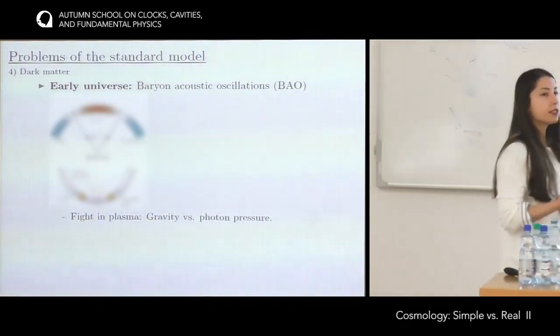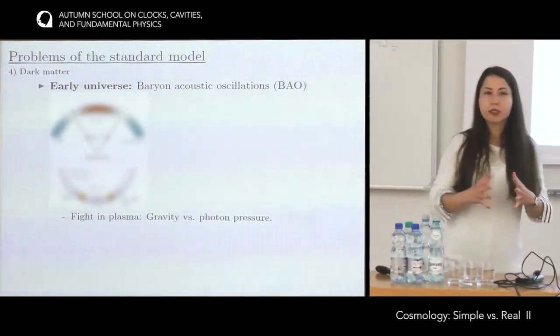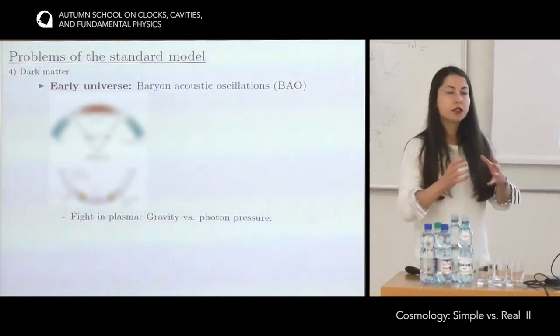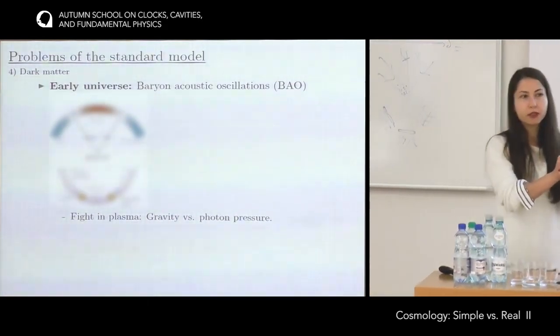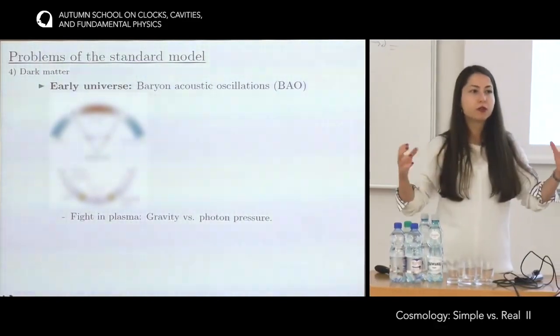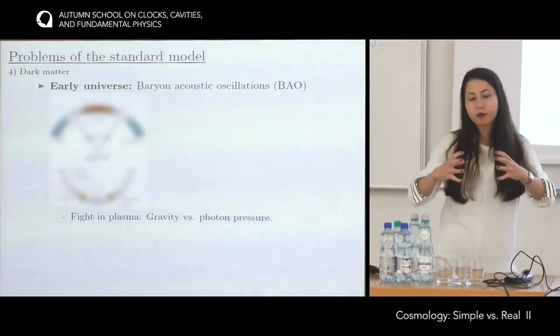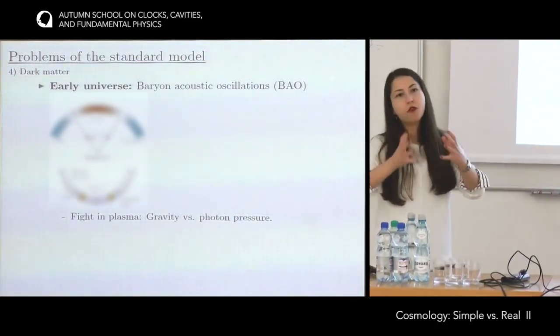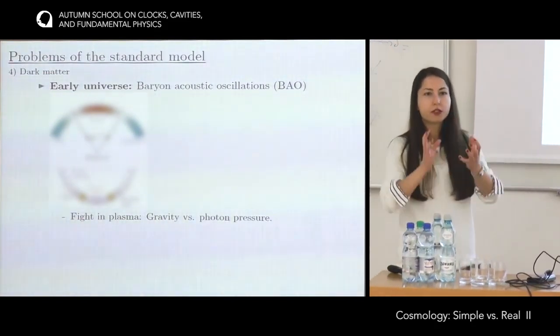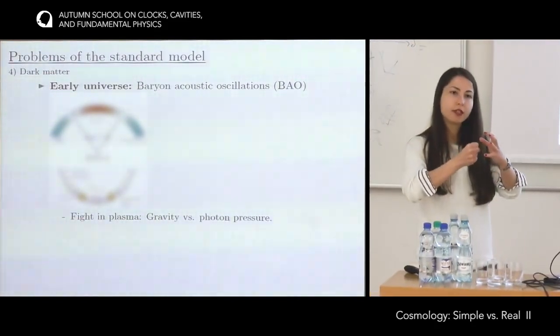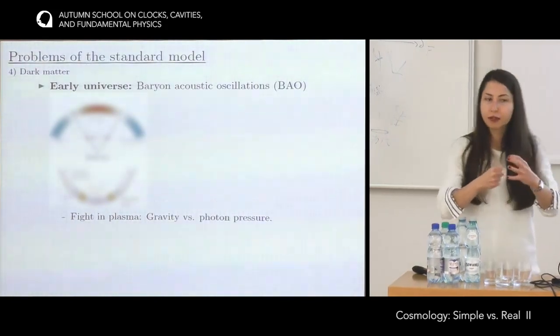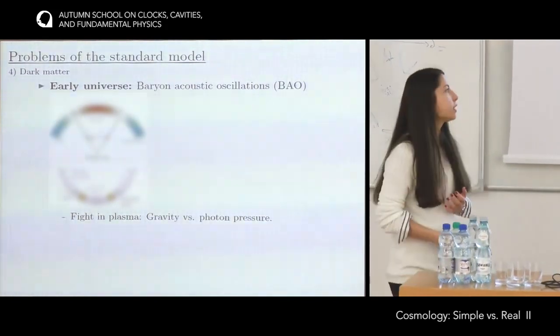But dark matter is not interacting with photons. That means while this fight is going on, dark matter will clump in the middle, but baryons will follow this fluctuation and they will form a spherical shape, leaving the dark matter in the middle. If there is dark matter, that would be what you would expect.